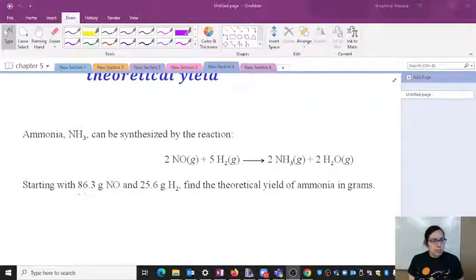Starting with 86.3 grams of nitrous oxide and 25.6 grams of hydrogen, find the theoretical yield of ammonia. I'll give everyone some time to get started.